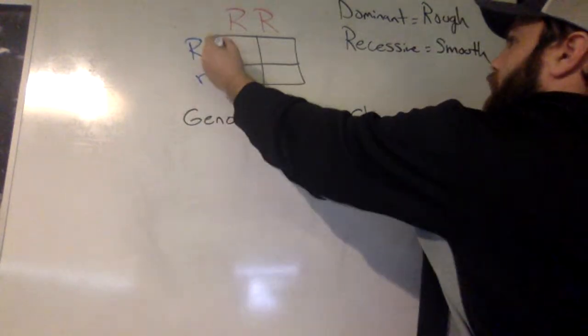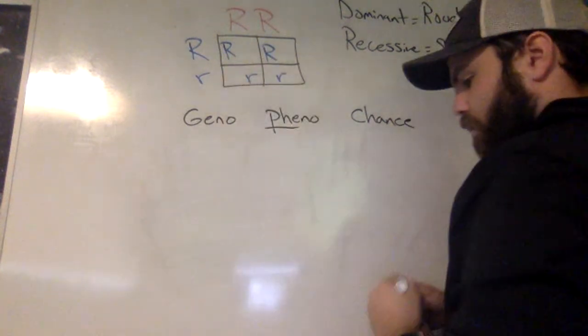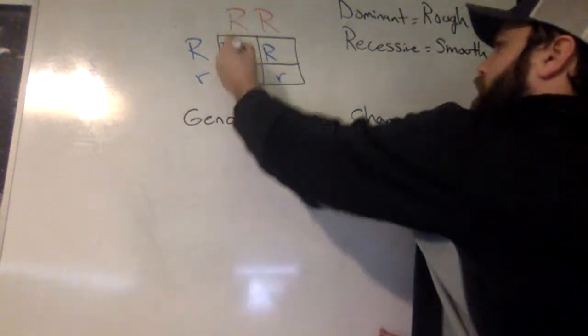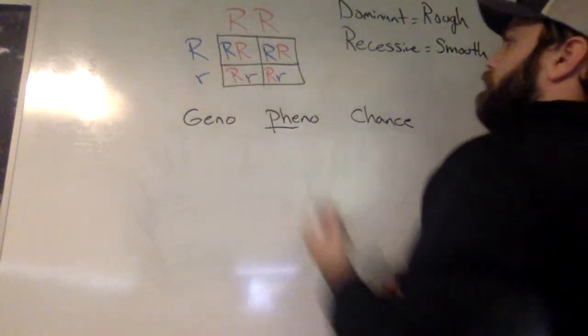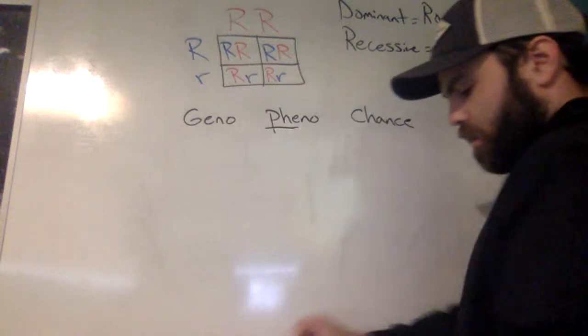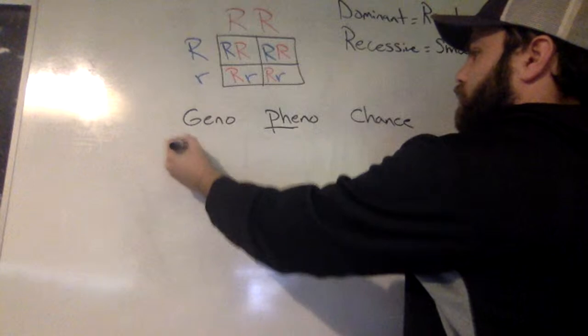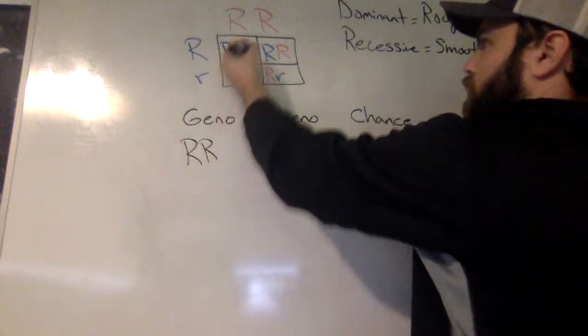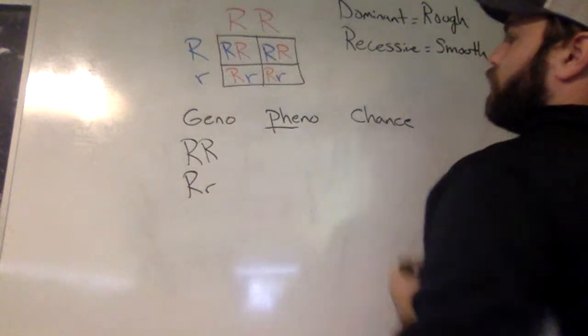So let's bring over the capital R with the blue. And then we're going to bring down the red. And we got to find our genotype. So the first one, we got 2 capital R's. Then we keep going. Then we got a capital R and a lowercase r. We're looking at the phenotype.